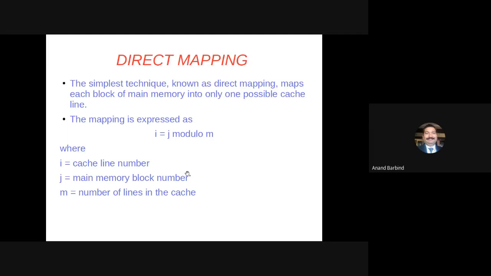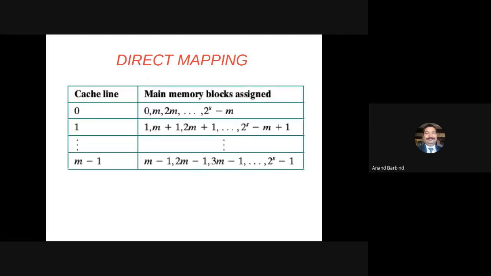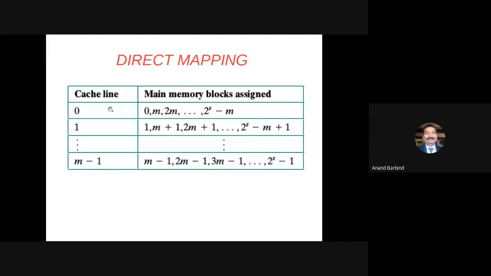So if there are m number of lines in the cache, then cache line 0 can be assigned to any of the blocks 0, m, 2m, 3m, 4m, like that.